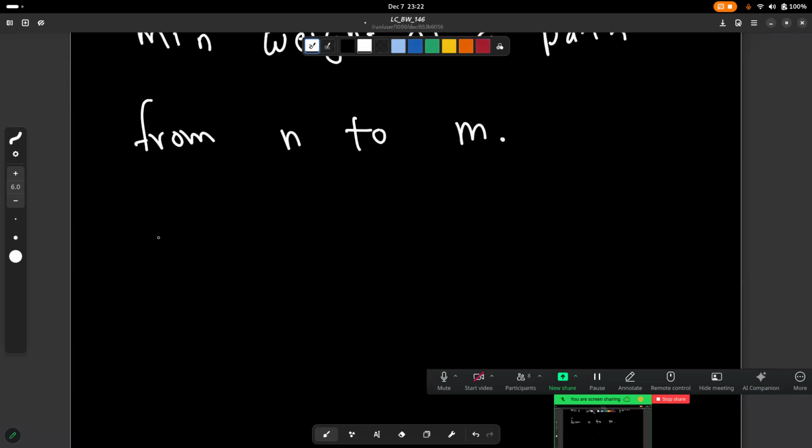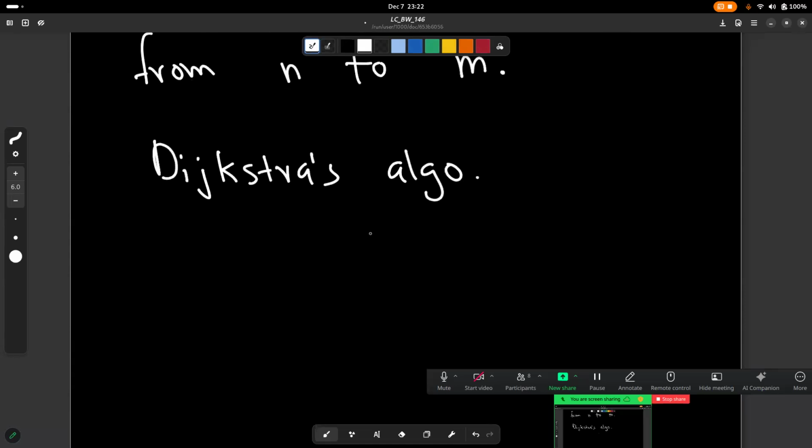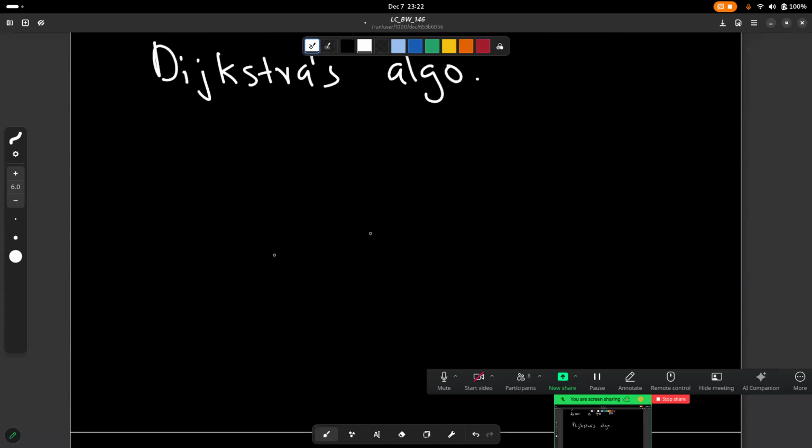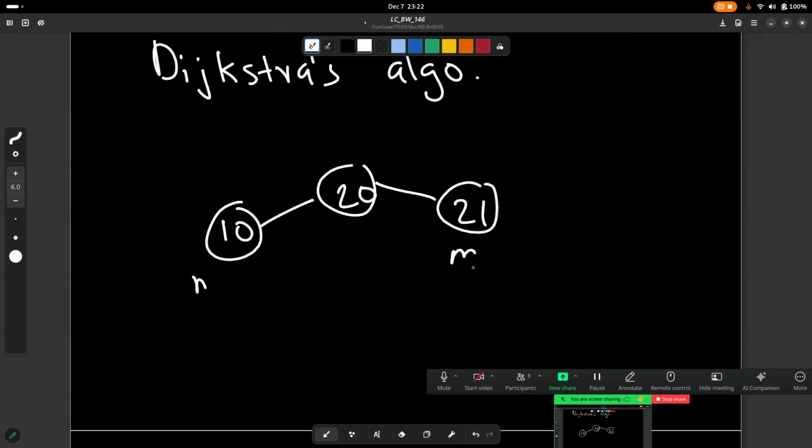And the standard algorithm to do this is Dijkstra's algorithm. So in Dijkstra's algorithm, let's consider the test case that we were considering here, that is 10, 20, and 21. This is our n node, this is our m node.